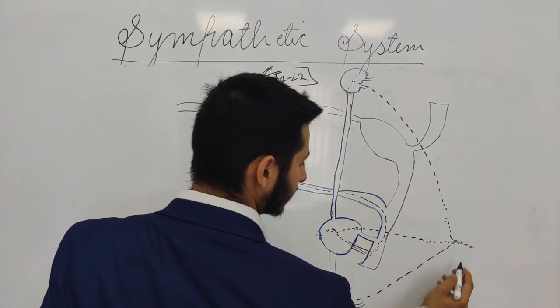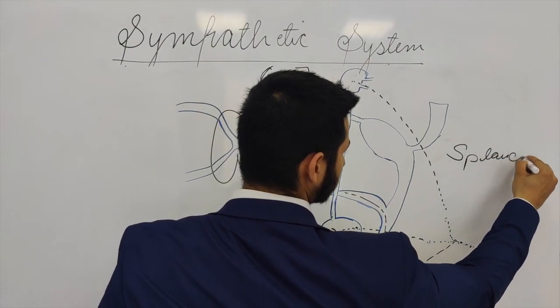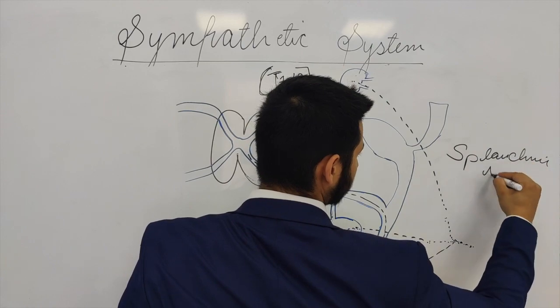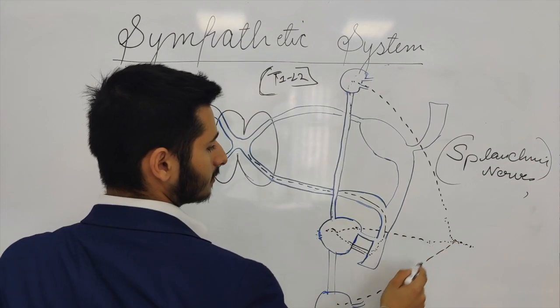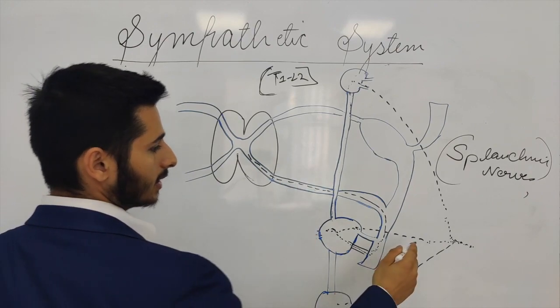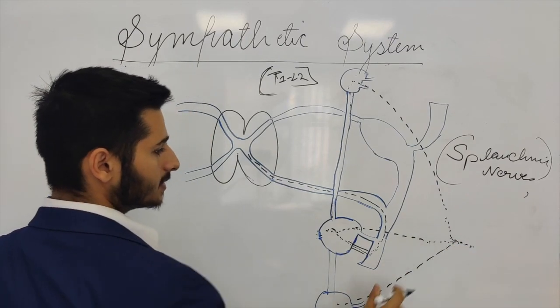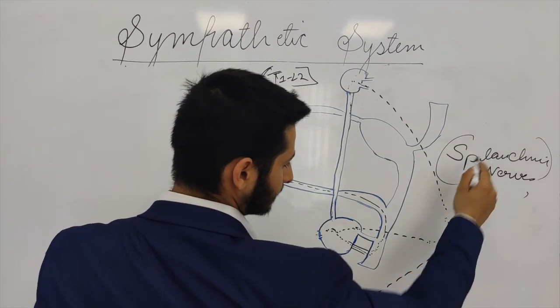They form splanchnic nerves. These are those fibers that haven't synapsed in their trunks and are converging with similar fibers and forming these splanchnic nerves.